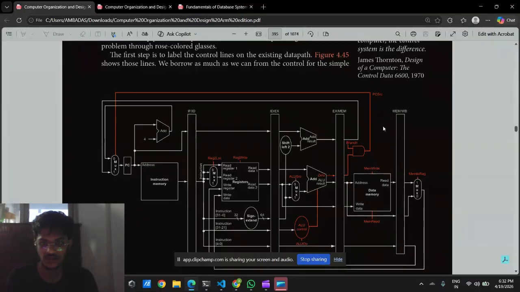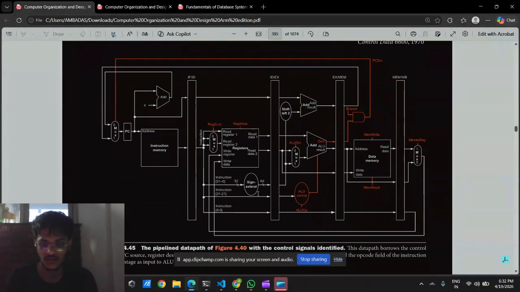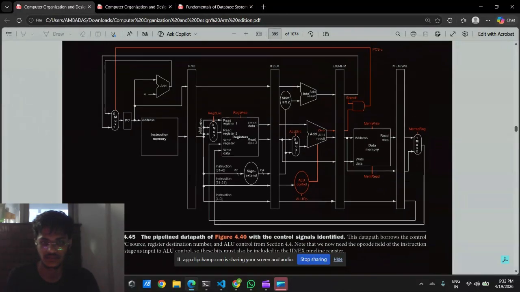If it's a conditional branch, then we are going to calculate the address by sign extending the immediate field, and then add it to the current program counter, which is then transferred to the PC again. This loop goes on until the program execution is completed.